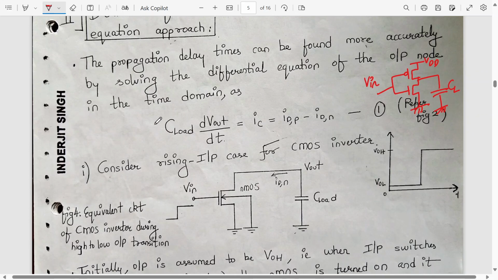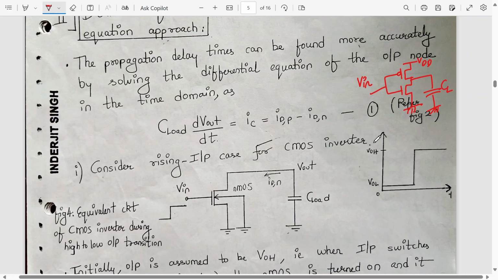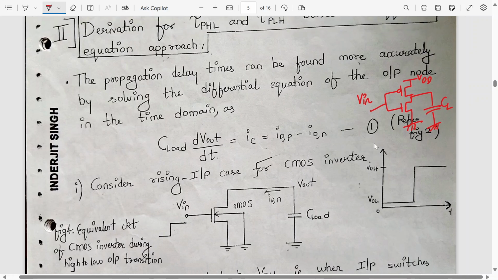Basically here we are writing the same thing: IC is C dV by dt. Here we have a current which is flowing like this, this is IDN, and the current which is charging up is called IDP. That's why we write the current through the capacitor CL as IDP minus IDN, because they are opposite.